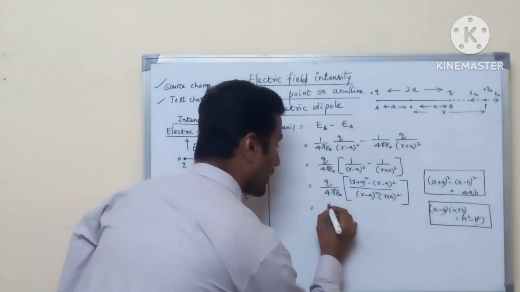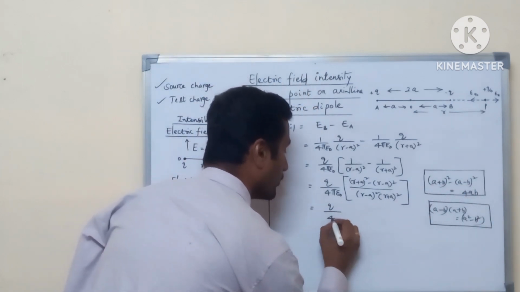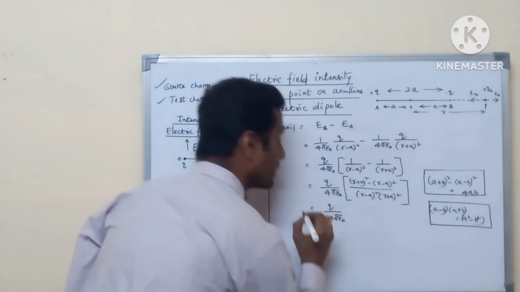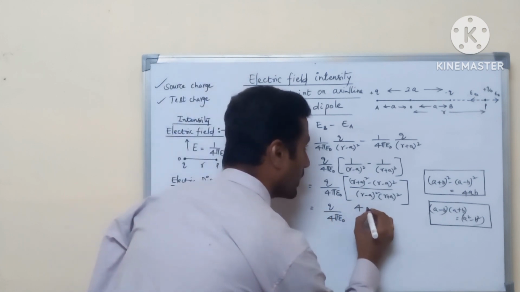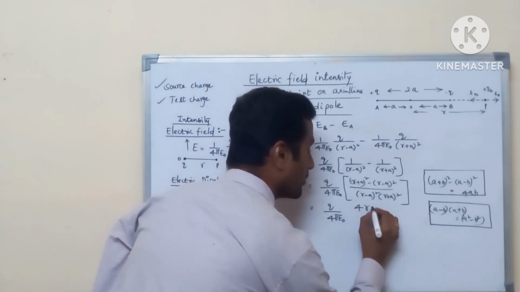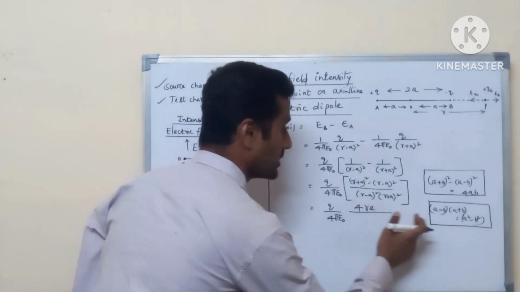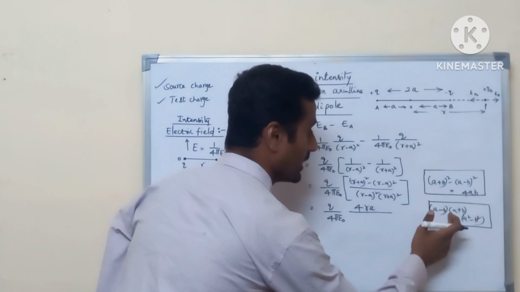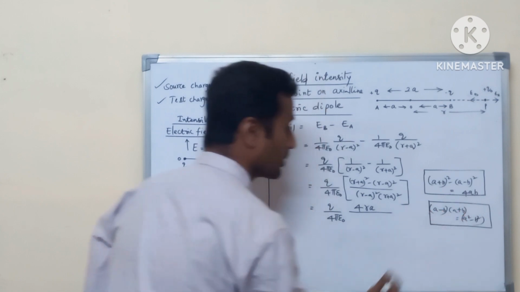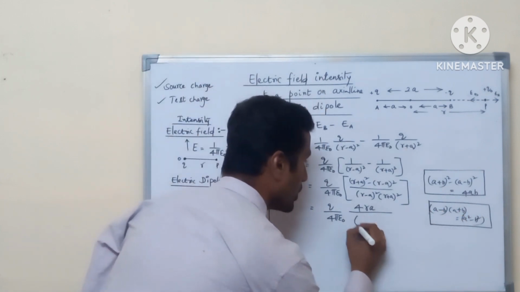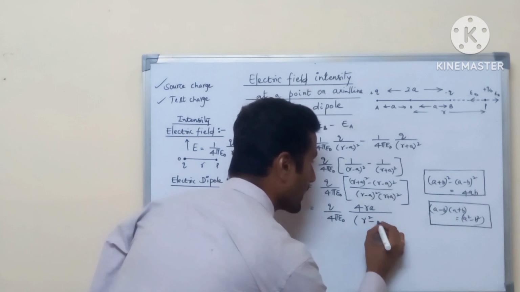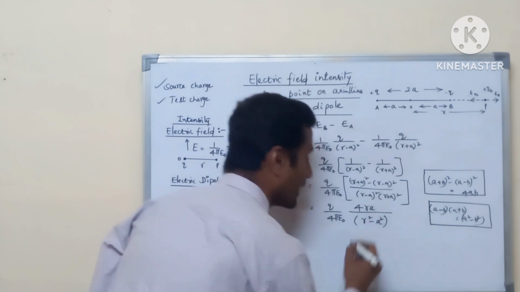So we can write Q by 4 pi epsilon naught into 4ab, divided by the denominator, which is in the form of a minus b into a plus b, which is equal to a square minus b square. So we can write r square minus a square.